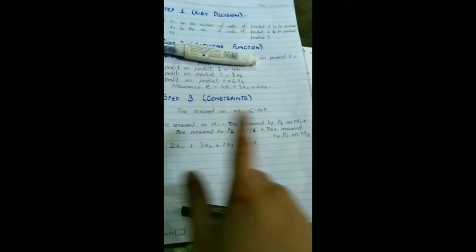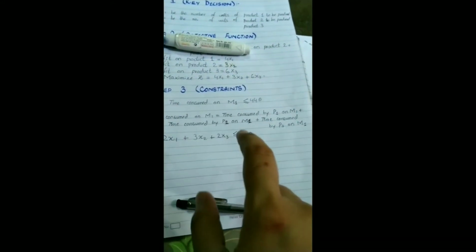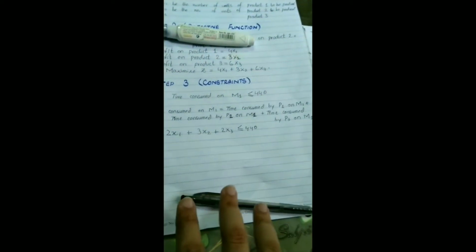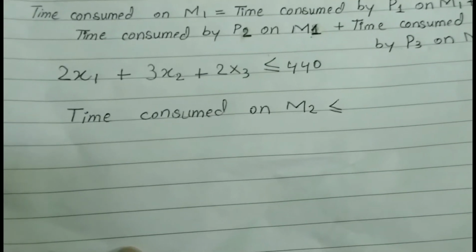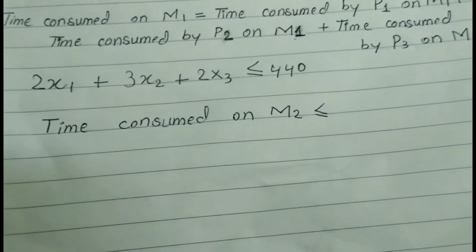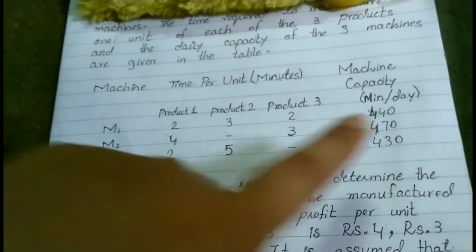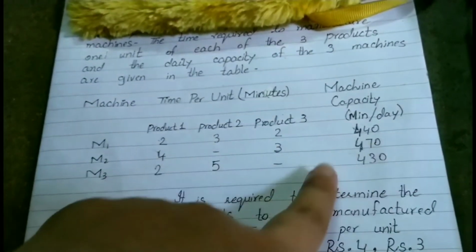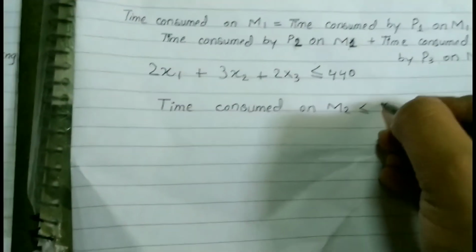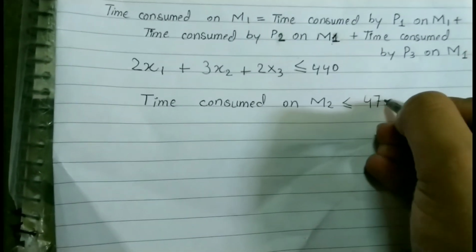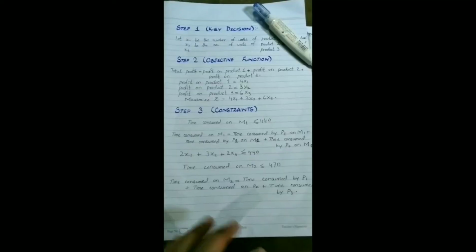Whatever we have done here for M1, we will do the same thing for M2 as well as for M3. I have written here time consumed on M2, and it should be less than or equal to, as you can see here, M2 is restricted to 470 minutes. So we will write 470.